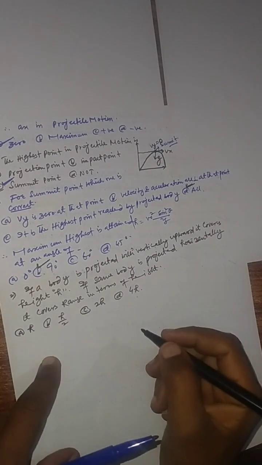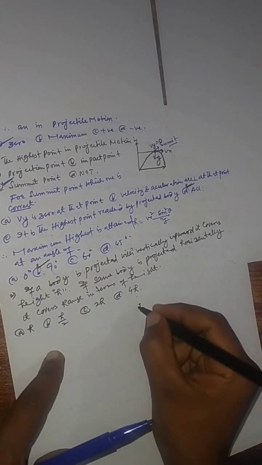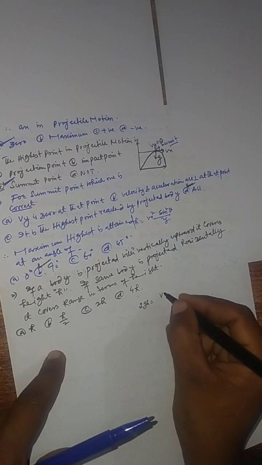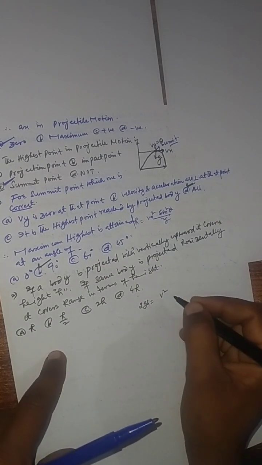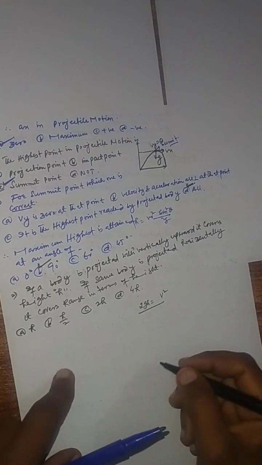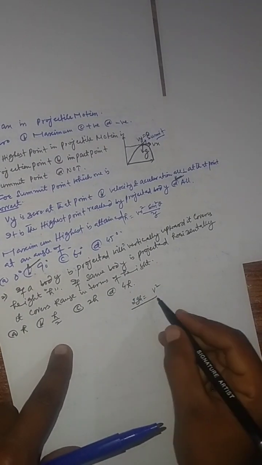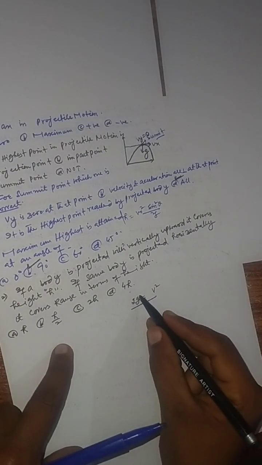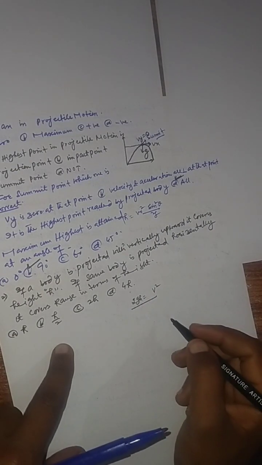If a body is projected in the upward direction, v square is equal to 2gh, since at the highest point its velocity will be 0. So this is the velocity with which it is projected, and it reaches the maximum height h.